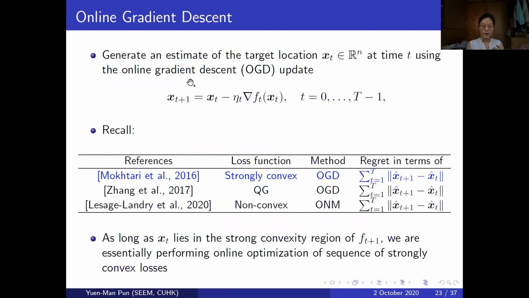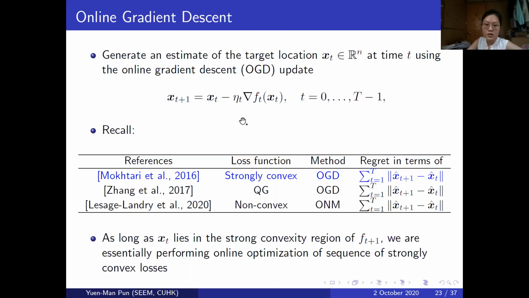Okay. So in our work, we use the algorithm online gradient descent, as I've mentioned. So it works like this. To estimate the location at time t+1, we use the location at time t, and then we run one iteration of gradient descent on ft with step size eta t.